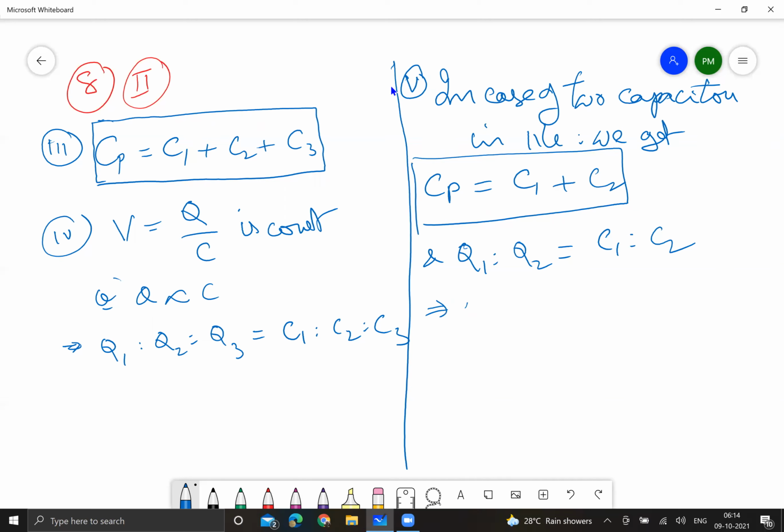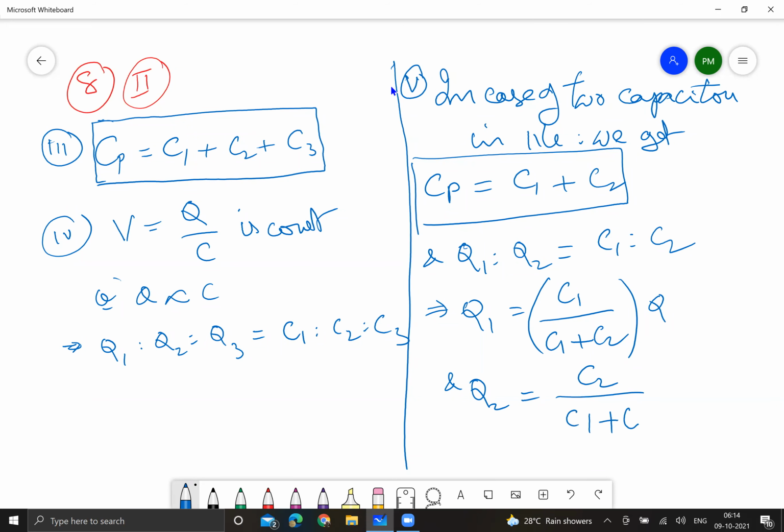This implies Q1 is equal to C1 by C1 plus C2 into total charge, and Q2 is equal to C2 by C1 plus C2 into total charge. Please note down.